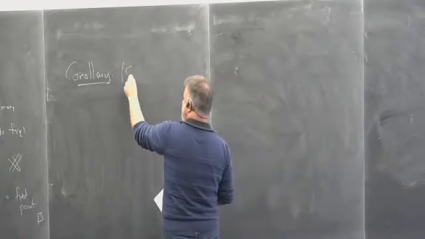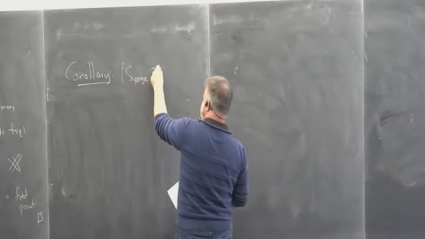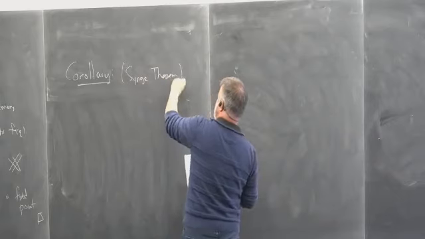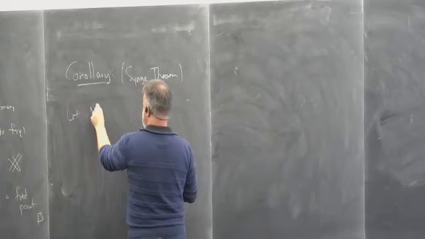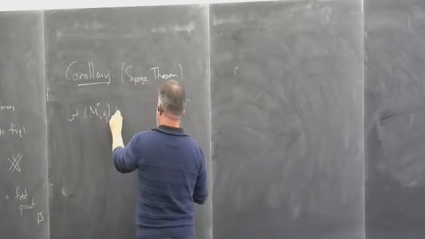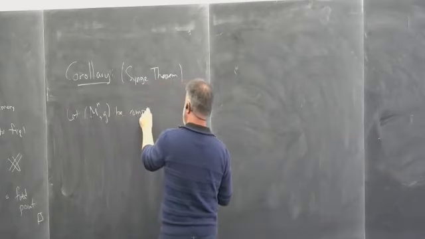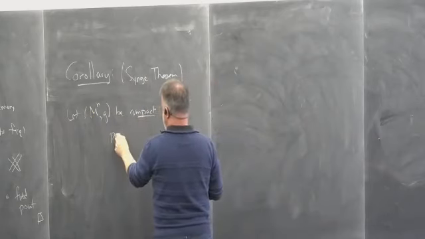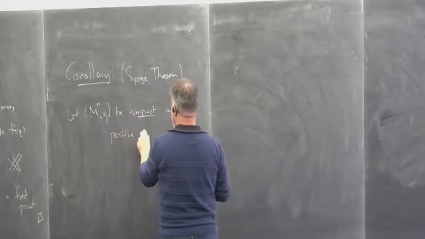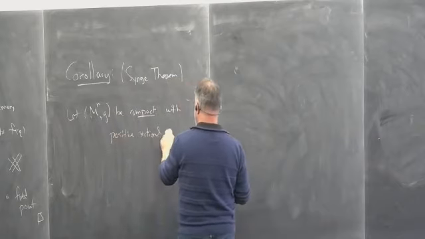Okay, so this is the Synge theorem. It's a corollary of Weinstein's theorem. It says the following: let (M^n, g) be compact with positive sectional curvature. You notice I've dropped the oriented assumption.